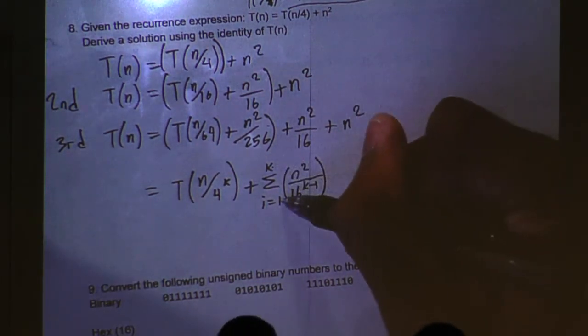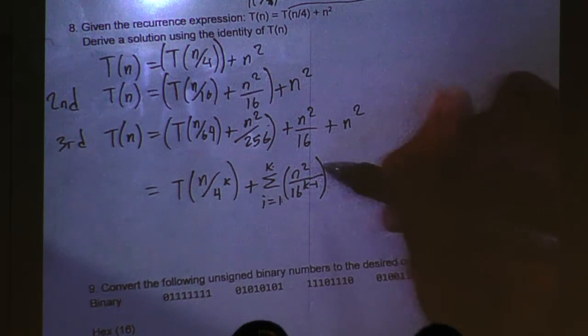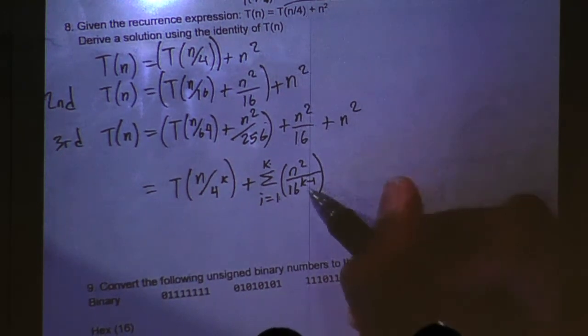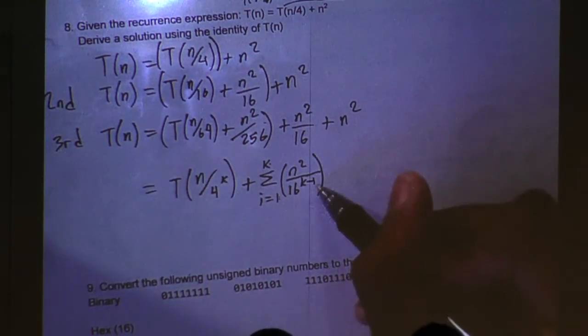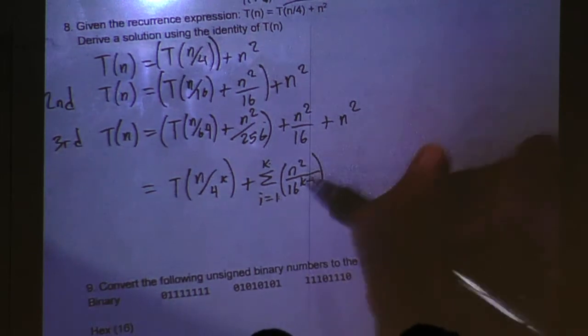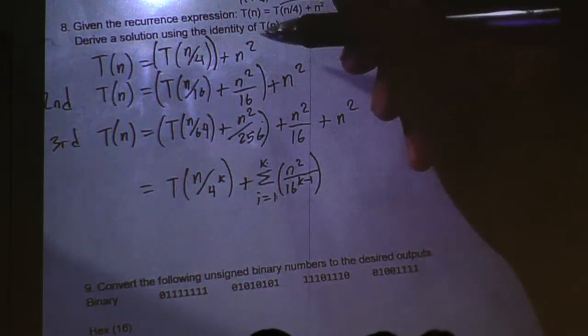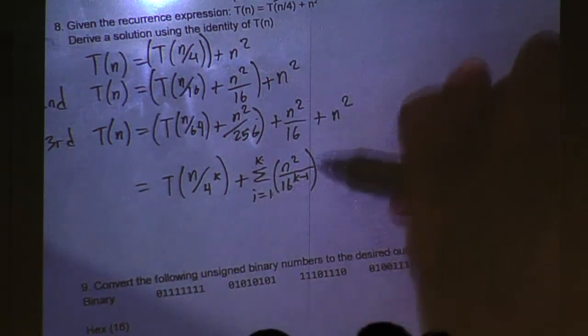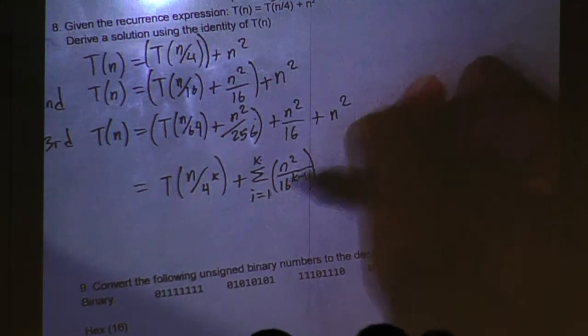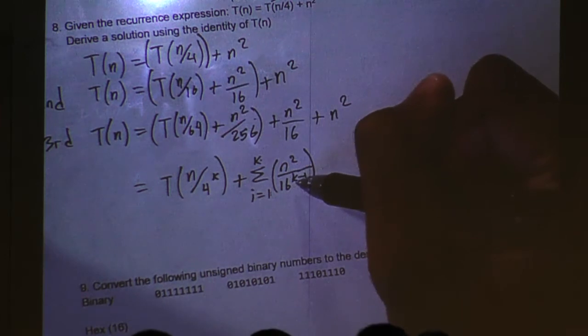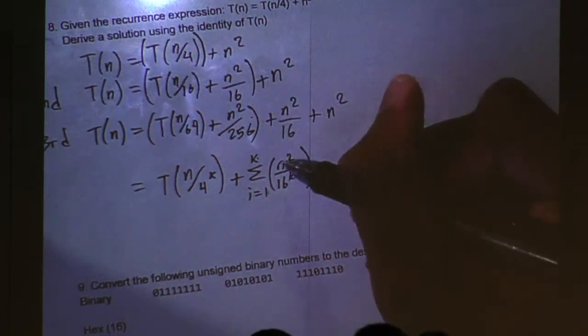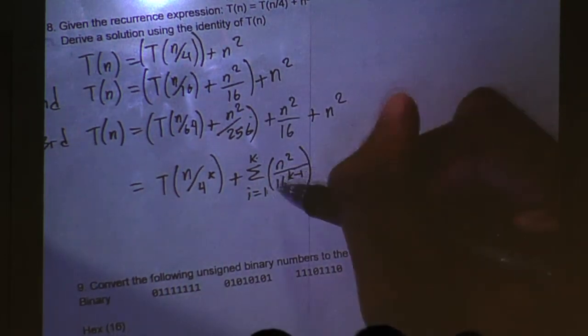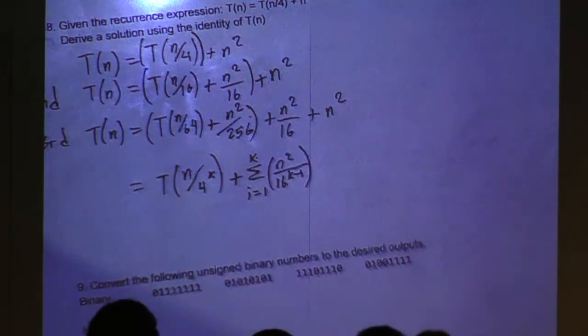On the first iteration, you're going to add n squared over 16 to the k minus 1, which would be 0, so you'd get just plus n squared. That's how you get it for the first one. And then on the second one, you're going to have that plus the n squared over 16. And then on the third iteration, it's going to be plus n squared over 16 squared, which would be 256.